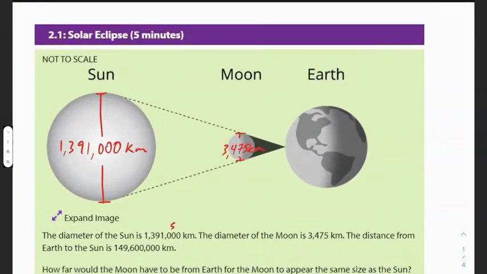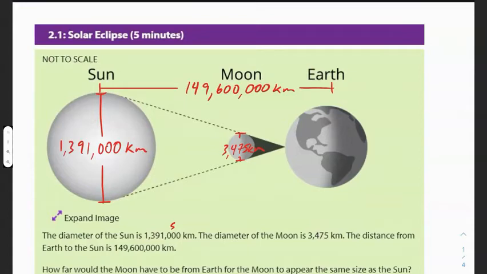They tell us the distance from the Earth to the sun. Okay, so let me write that. There to there, it's 149,600,000 kilometers. Thank goodness. So they tell us the distance is that.